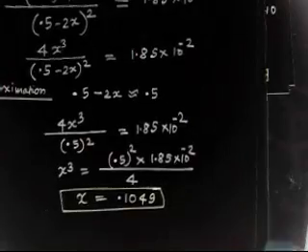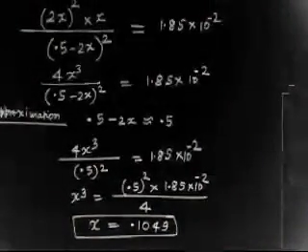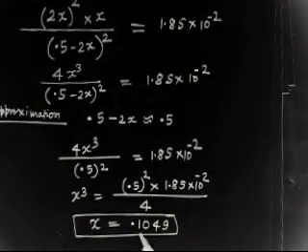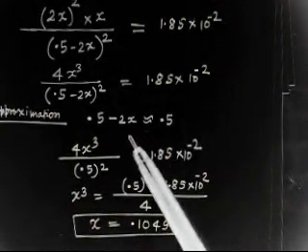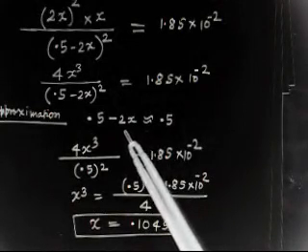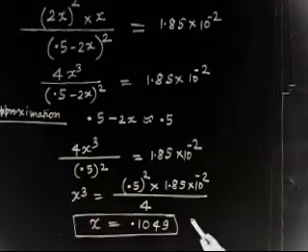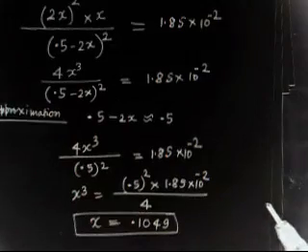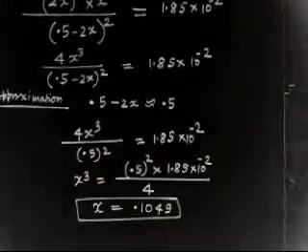Now one important point in this question: if X is 0.1049, let us say 0.1, so 2X will be 0.2. In that case, can I neglect 0.5 minus 2X? Can I write 0.5 minus 2X equals 0.5? Is my assumption valid?